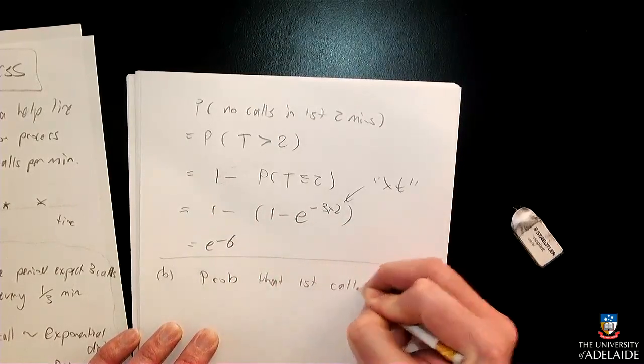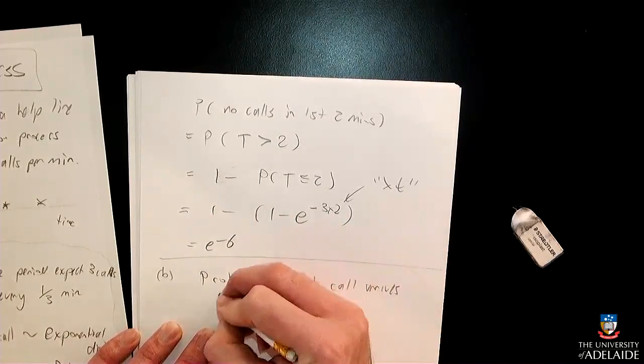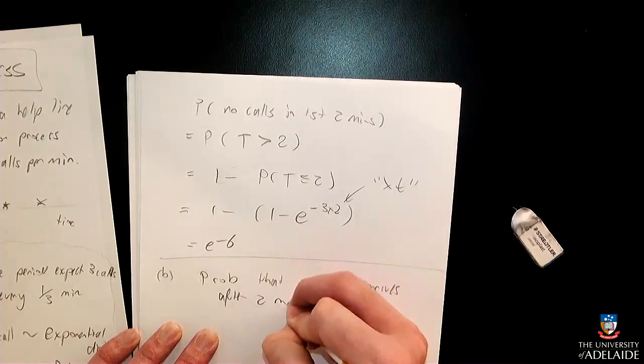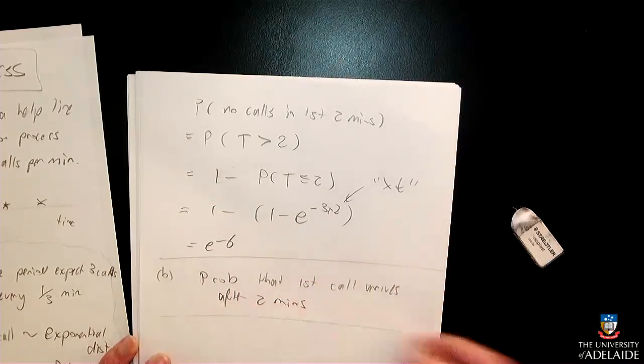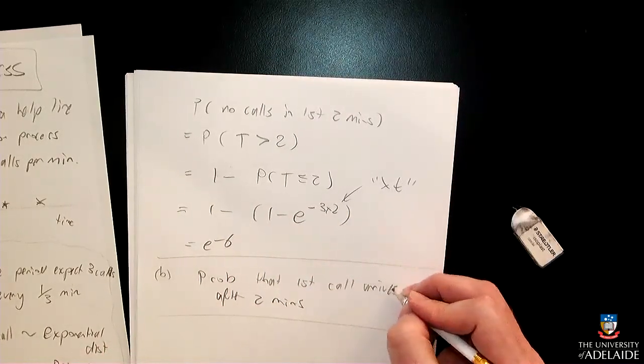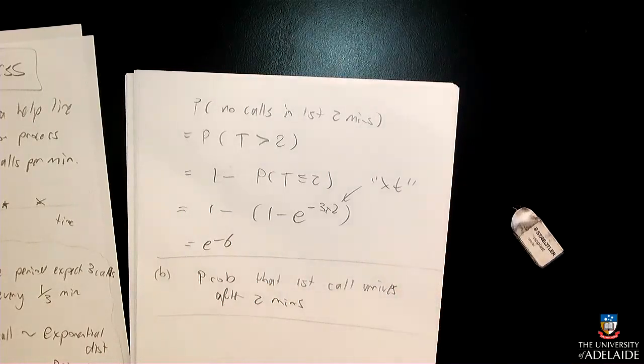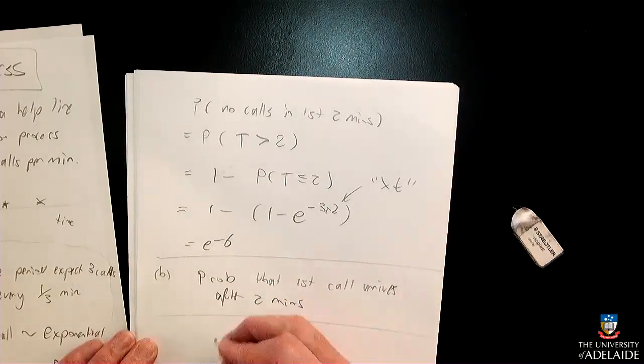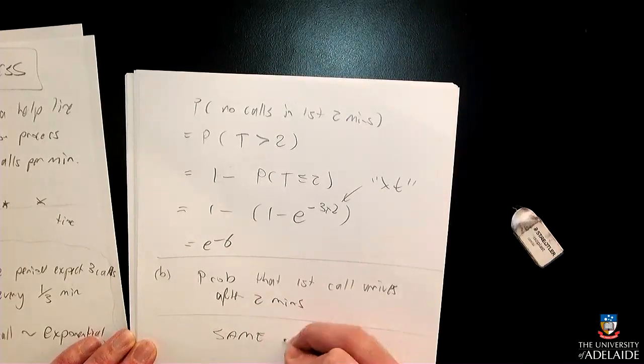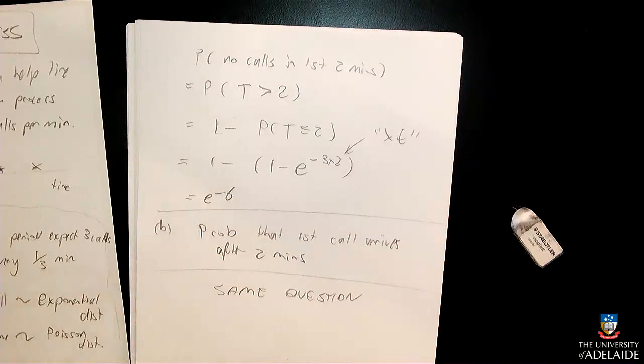First call. Probability that the first call arrives after 2 minutes, that's the same question. No calls in the first 2 minutes is the same as saying that the first call arrives after 2 minutes. I'm just doing an example from the lecture slides. Sorry? It's different because here it's going to be the same, but it's a bit different.